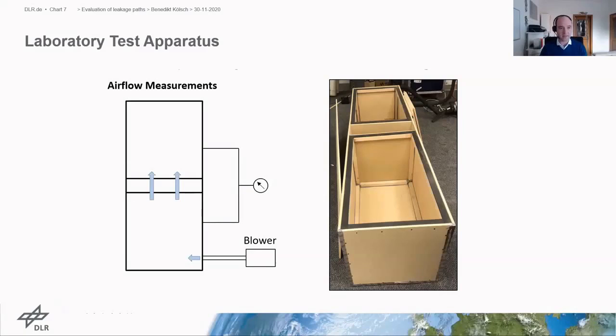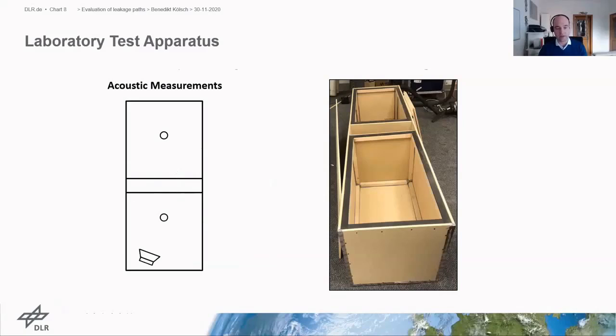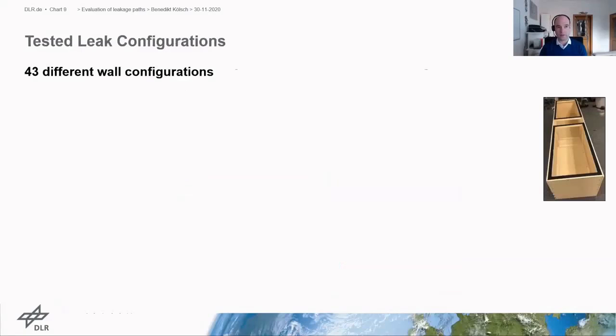Within the same setup, we did acoustic measurements where we put microphones in each of these chambers and a speaker in one of the chambers, and measured the sound transmission through the walls. All in all, we investigated 43 different wall configurations and were able to compare them among each other.